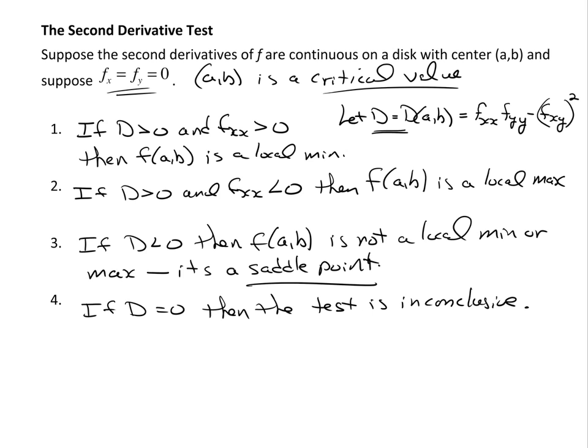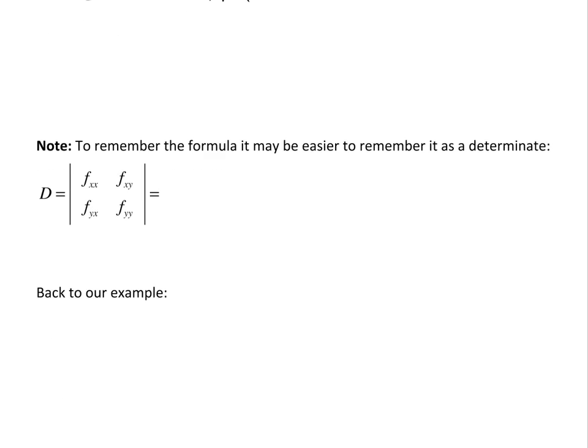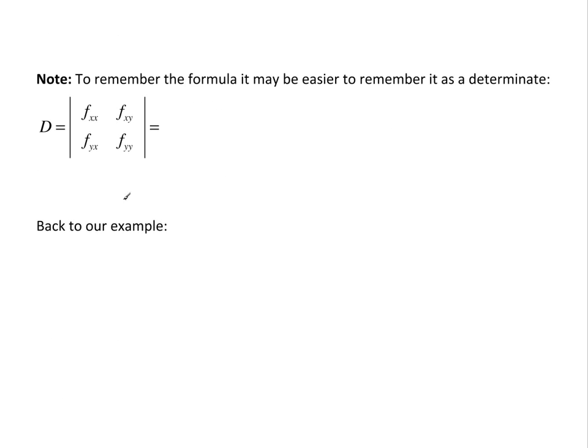Okay, now, in terms of this expression that we're using, it may be easier to remember it as a determinant. So this is D, the determinant of the second partials: f xx, f xy, f yx, f yy. If I take the determinant of this, what I end up with is f xx f yy minus f yx f xy.